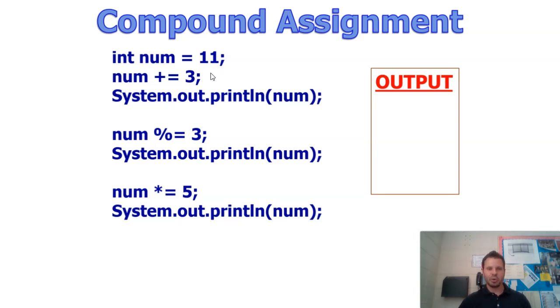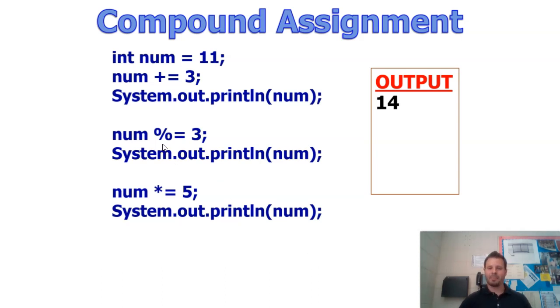So this line of code here is equivalent to num gets num plus 3. So when I print this, it's going to add the 3 to the 11, which gives me a 14. That's just a compact way to add something to it and reassign in one step without rewriting the variable again. Since that gets used so often, it'll be something we do a lot. There's a shortcut for it.